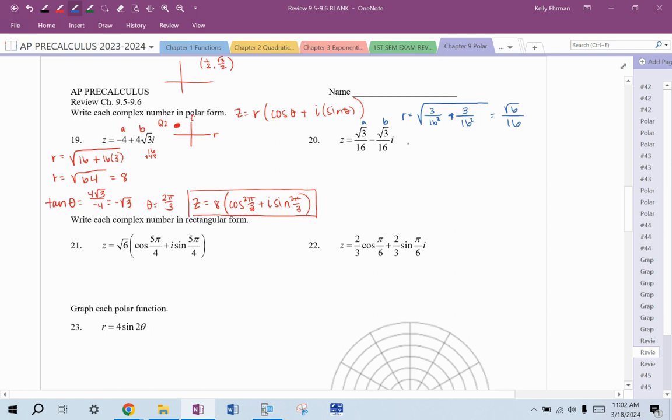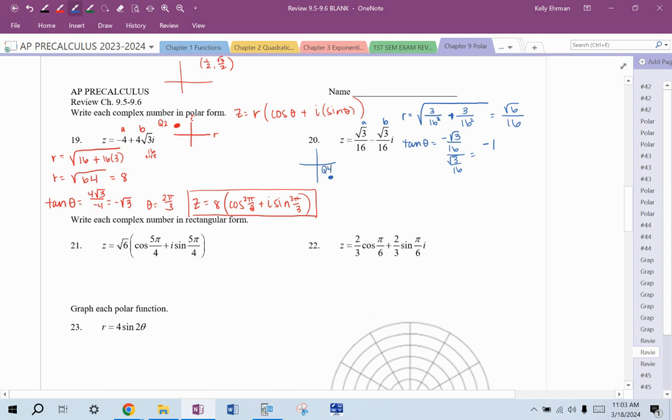And then when we have theta, we're going to do tangent of theta is negative radical 3 over 16 divided by radical 3 over 16. A number divided by itself comes out, in this case, to negative 1. And again, which quadrant are we facing? So for this one, you would go right radical 3 over 16 and then down radical 3 over 16.